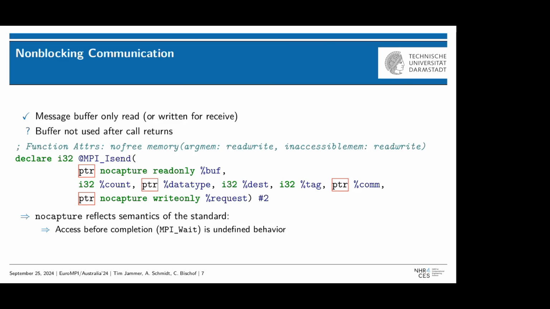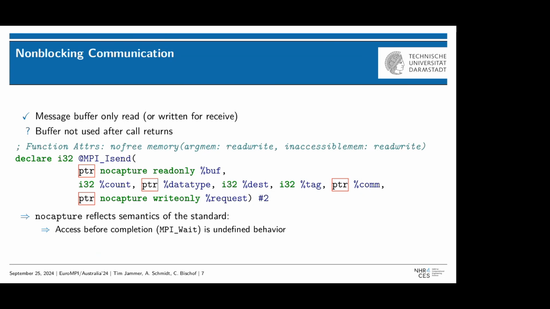Yeah, I guess something like no capture, or in this direction, would be very helpful. I'm not entirely sure how other compilers are handling this, because the no capture term for LLVM is specific to LLVM and has a defined meaning in the LLVM space. Maybe the GCC people call it differently, like no escape. I'm not sure how they do it. I think what will be very interesting is to think about how we can manage that so that different compilers can use the standard, compile MPI programs, and unlock those optimization potentials.